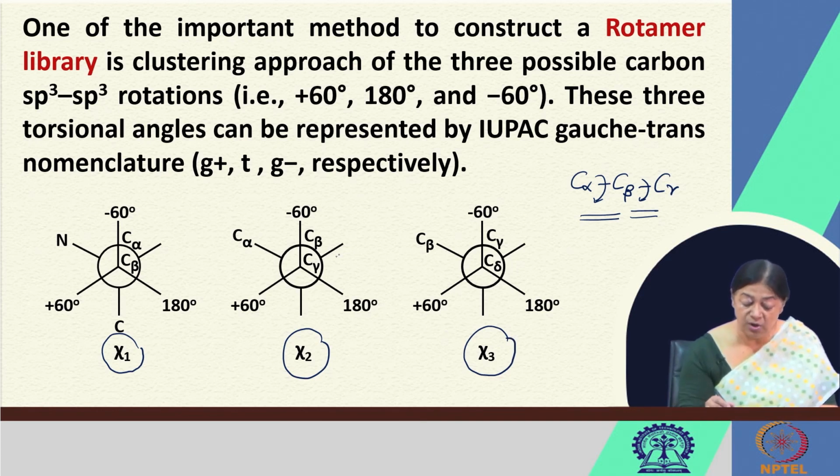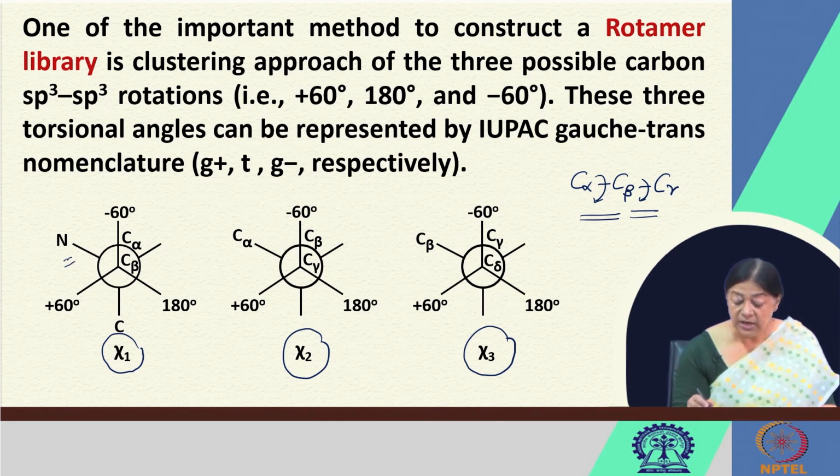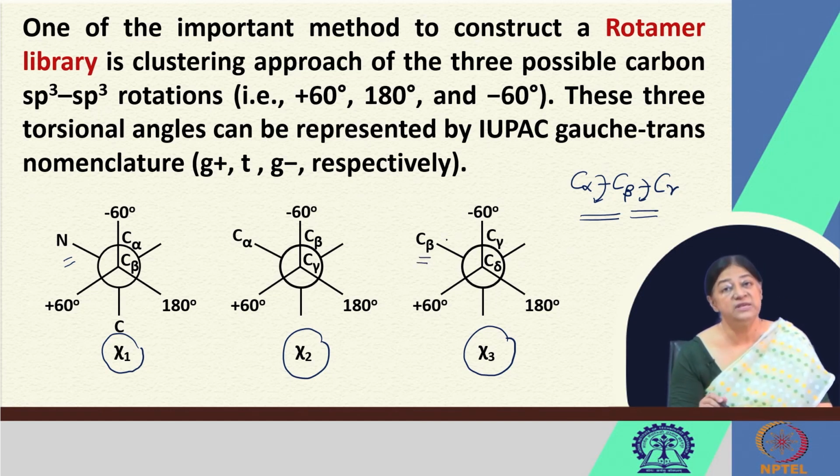So this is our C alpha and then we have the C beta, C gamma. This is where we have the nitrogen that is part of the backbone of the amino acid residue. Now, when we look at these specific rotations, we see the C beta here that is in turn connected to the C alpha.